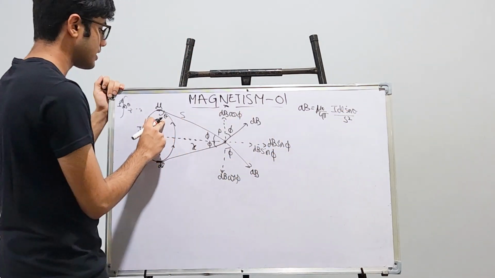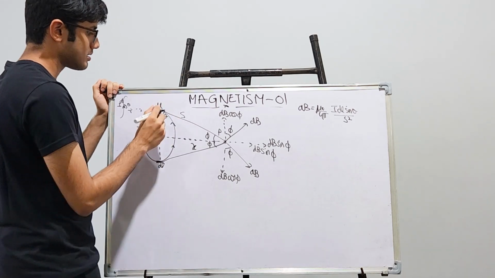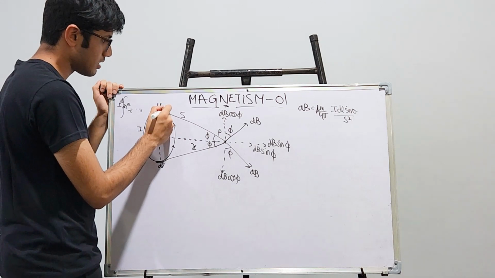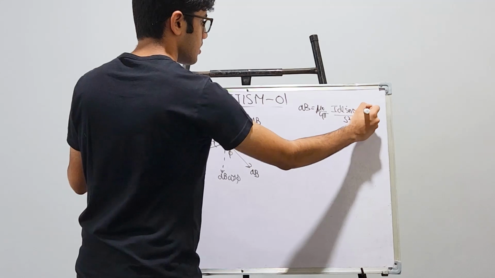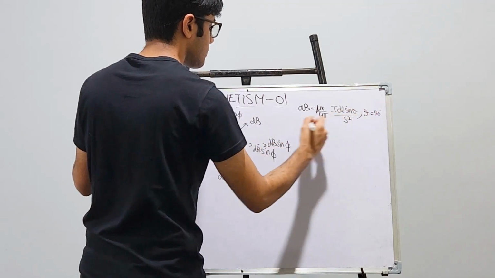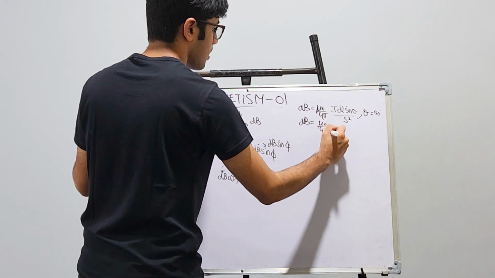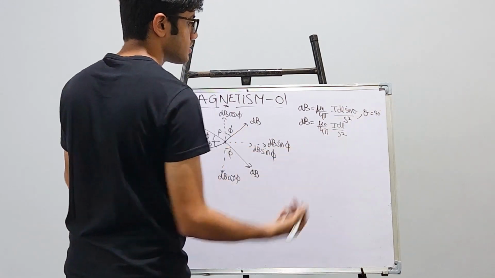And in this case, theta is 90 degrees, because if you visualize the tangent, theta would actually be 90 degrees. So this becomes dB is equal to mu naught by 4 pi I dl over s squared. Sin 90 is 1.